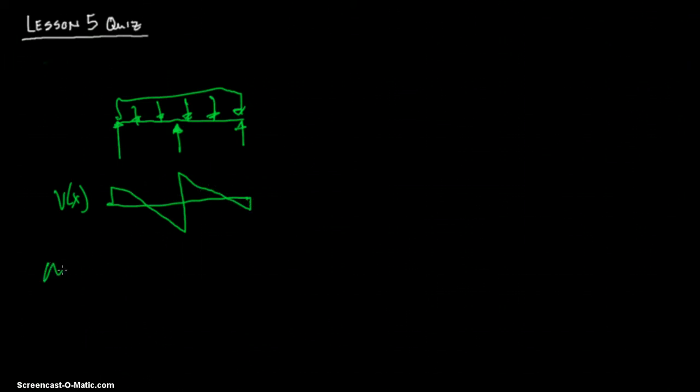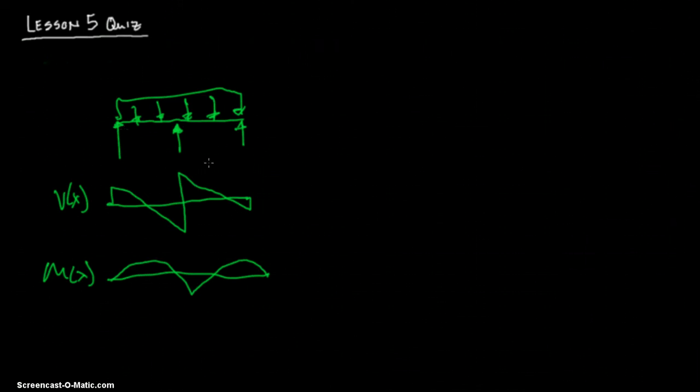And then if you think of your moment diagram, it starts to go up, and it goes to 0. I hope that makes sense. This is negative moment, and this is positive moment.